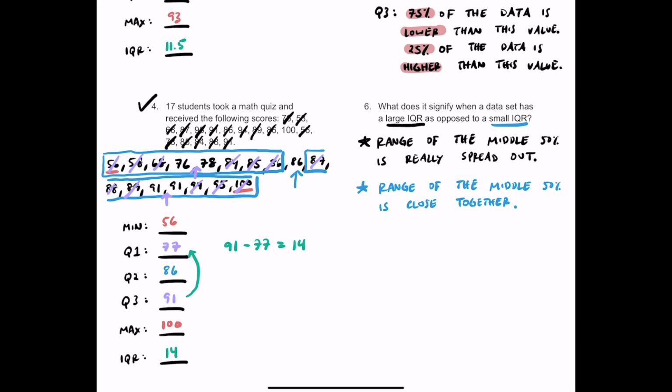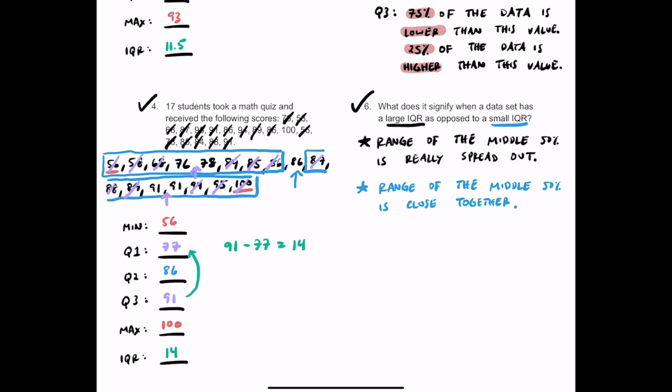So just something to understand is, you can have a large IQR, a small IQR. It just lets us know it's a measure of variability. Lets us know if the data is really close to the middle or if they're really spread out from the middle. Just kind of lets us know how everything is spread out. So there you have number 6.